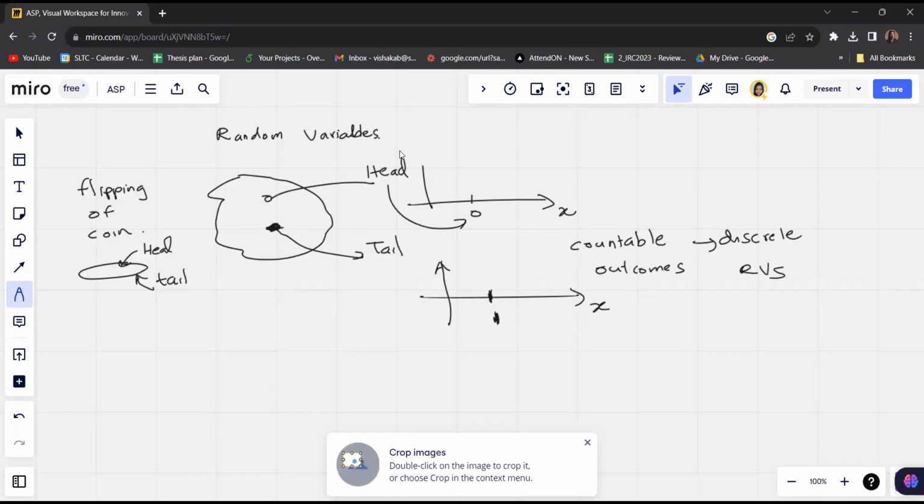If we have uncountable outcomes, then we can denote that using continuous random variables.